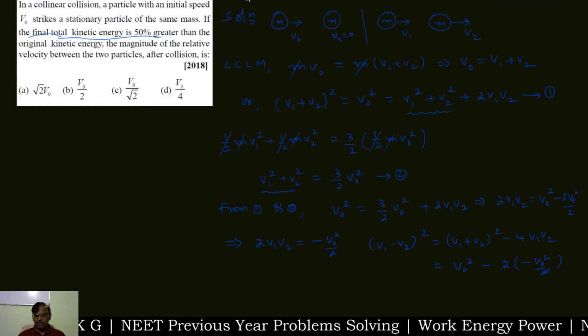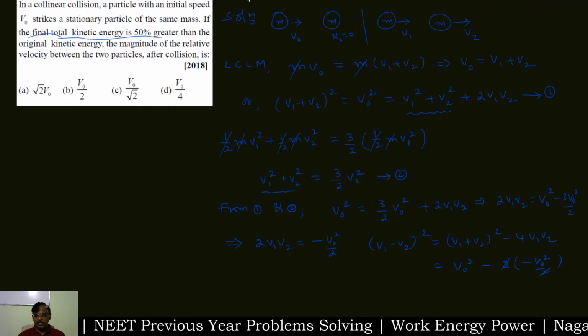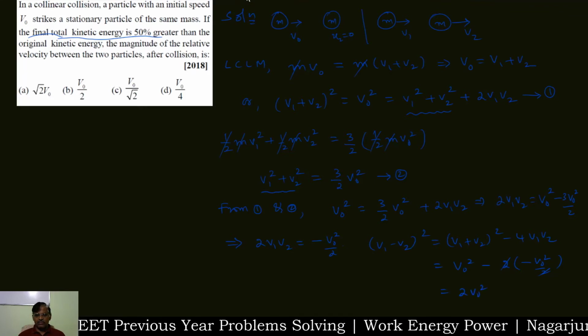The 2s cancel, minus of minus is plus, so that is 2 v0 square.